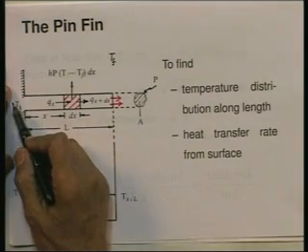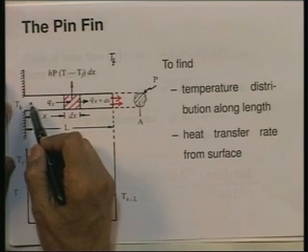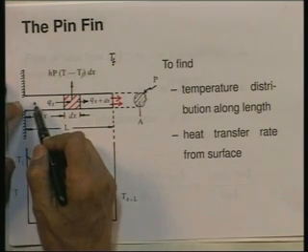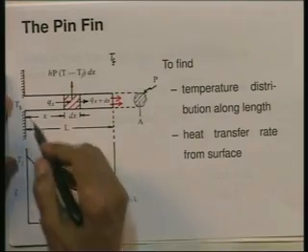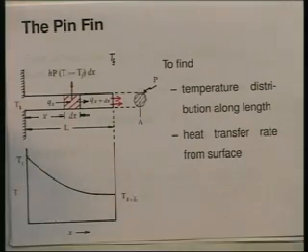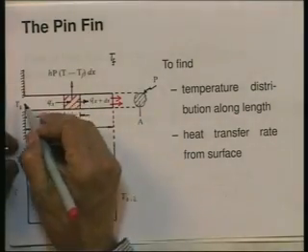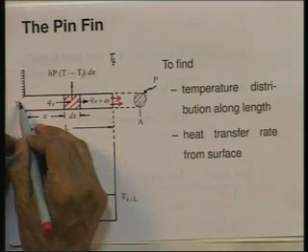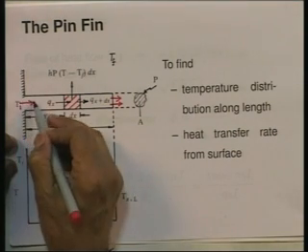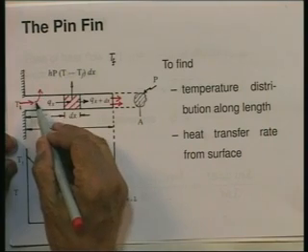All this heat must have originated at this point. It has to come from the base surface here at x equal to 0, enter the fin and then go out. You understand? So, all the heat that is flowing out must ultimately have originated here and then flows out like this.